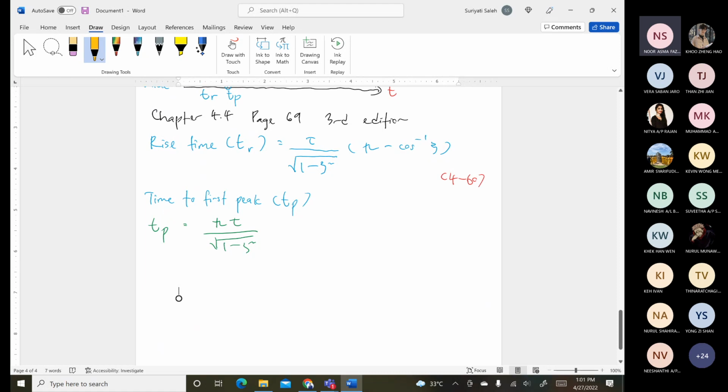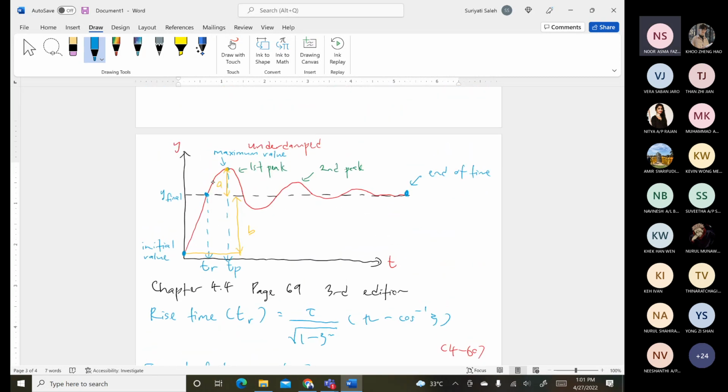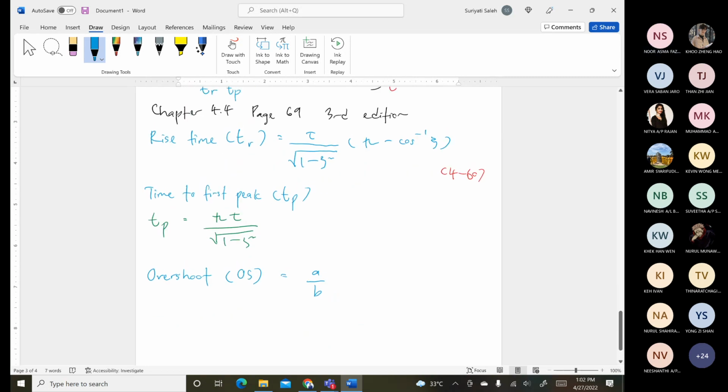The ratio of A and B is what we call overshoot, where the short form is OS, and it can be calculated as A over B. Where A is the maximum value minus the final value, and B is the final value minus the initial value. So this is the definition of the overshoot.